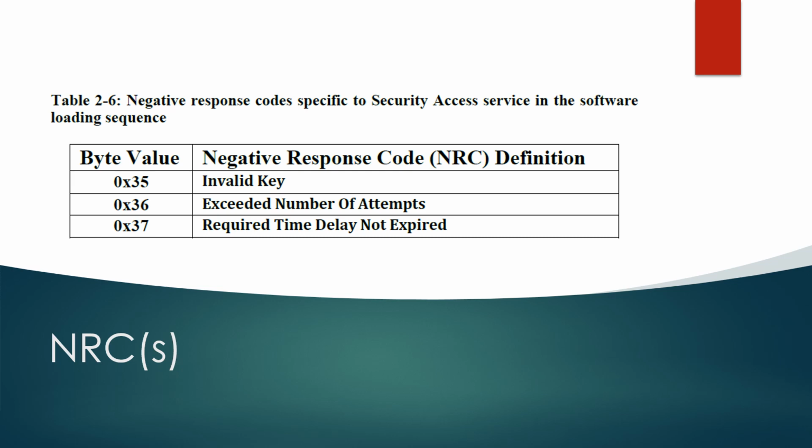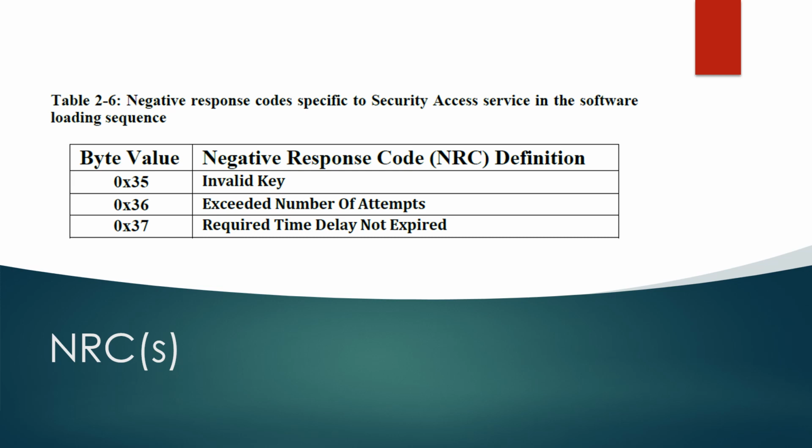If we try again and again with an invalid key, as we observe in our mobile, there is a maximum number of attempts, right? The first time we draw a wrong pattern, it says you are not allowed to unlock.